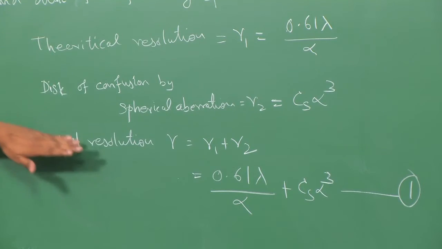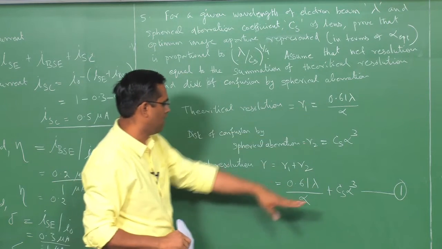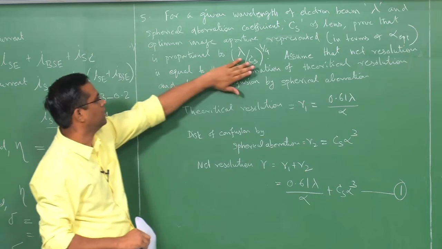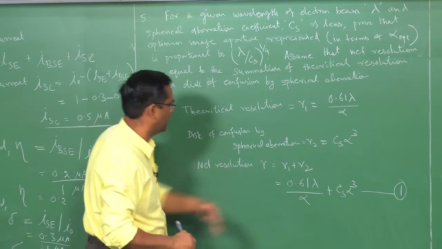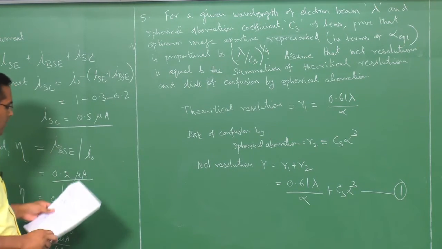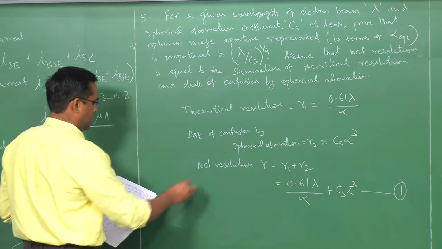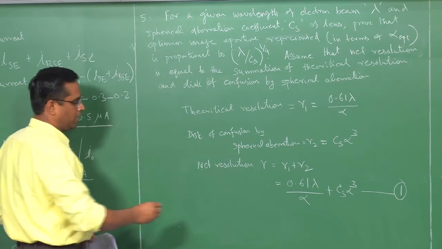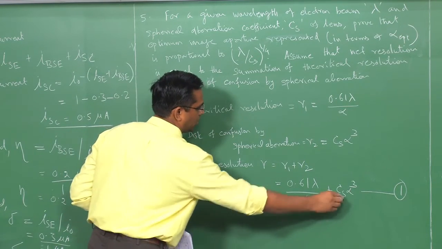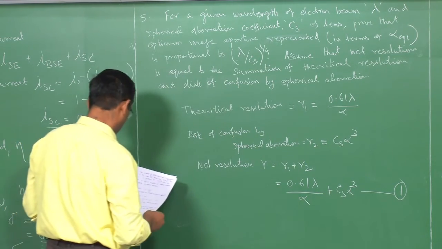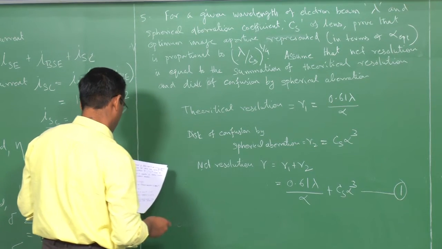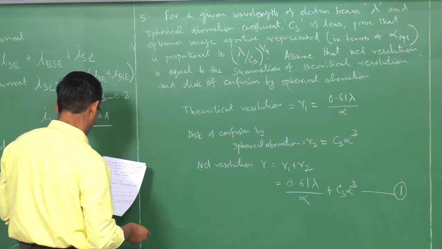So, we have just simply put the respective formula and then, as per the assumption here, we have written the net resolution in a single formula. Now, since this net resolution depends upon both the theoretical resolution plus the spherical aberration, we can write something.